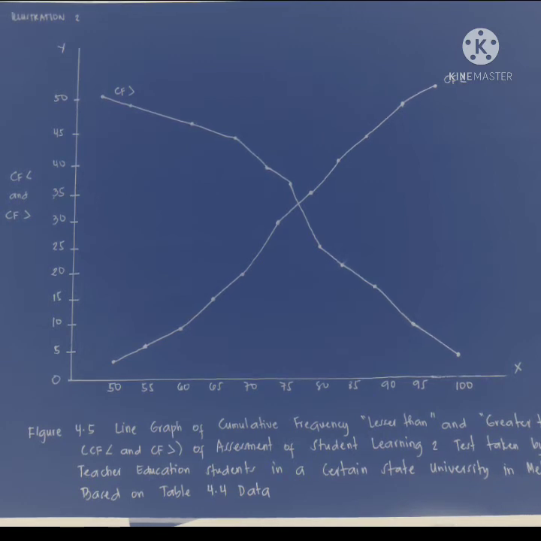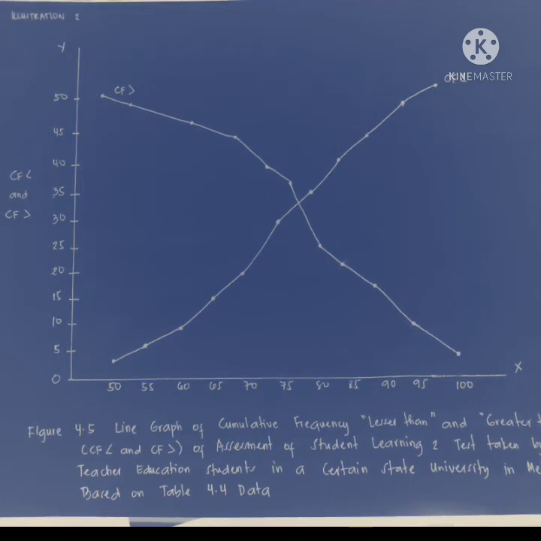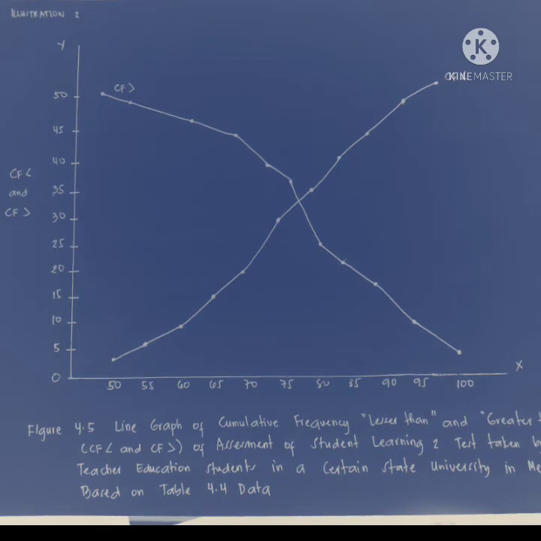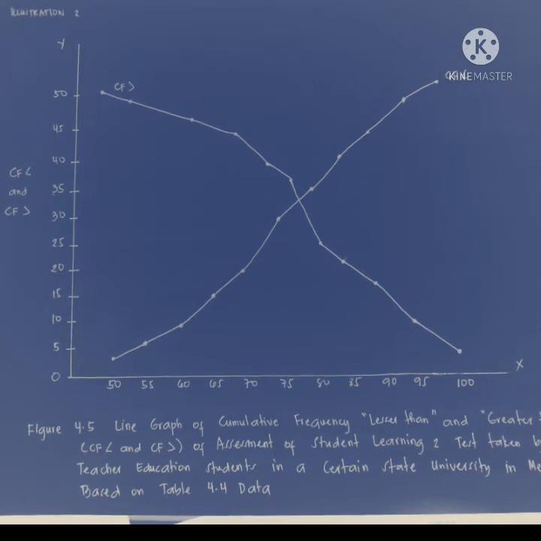For lesser than cumulative frequency, in plotting, the upper class limit 50 is plotted against 2. Cumulative frequency less than 55 is against 5, and 60 against 8, and so on.